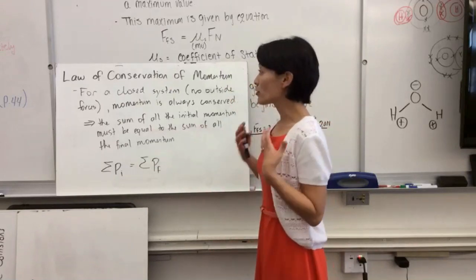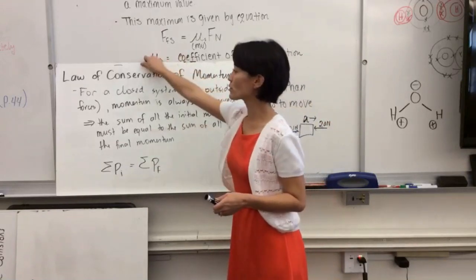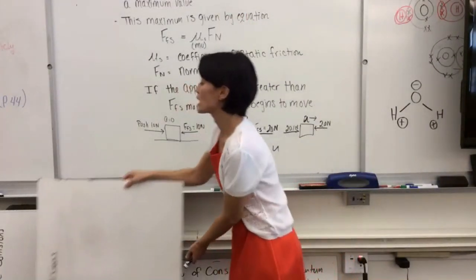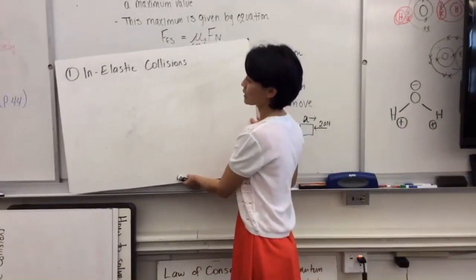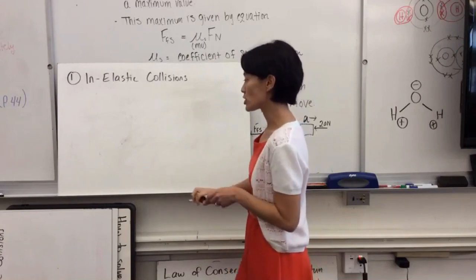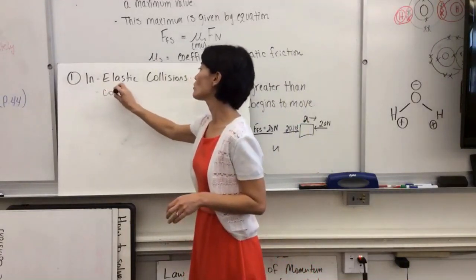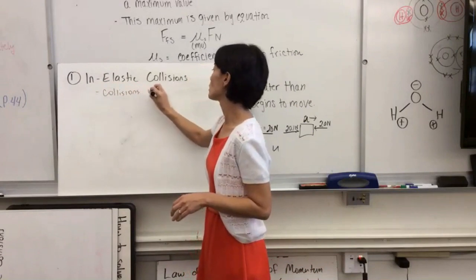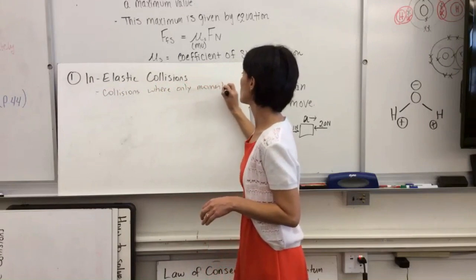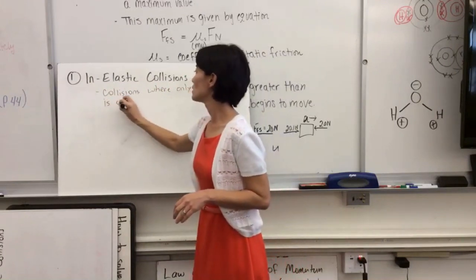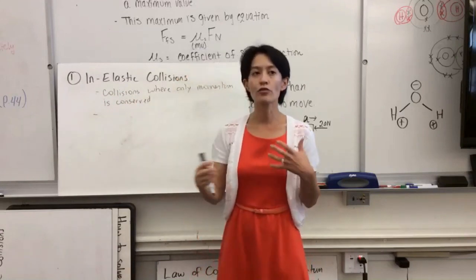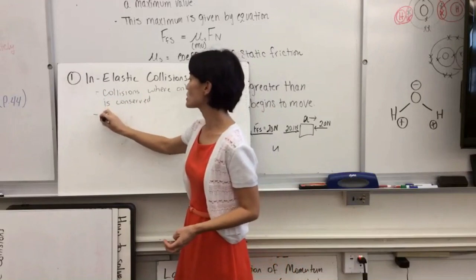And we are going to focus on collisions, and there are two types of collisions that we are going to look at. The majority of collisions that we see in everyday life are called inelastic collisions. These are collisions where only momentum is conserved. Kinetic energy is lost in the form of heat or sound in these types of collisions.